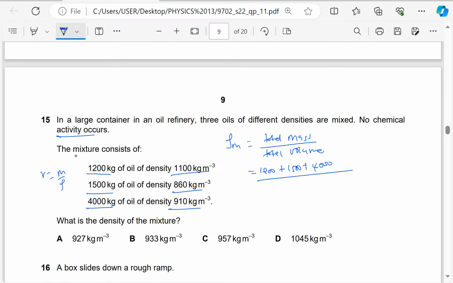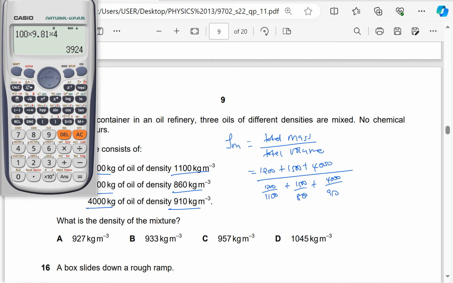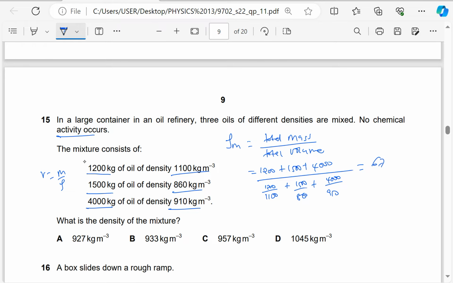So for the first oil, I will have 1,200 divided by 1,100, plus the volume of the second one, which is 1,500 divided by 860, plus the last one, which is 4,000 divided by 910. Okay, so the sum here is 1,200 plus 1,500 plus 4,000, so this is 6,700.